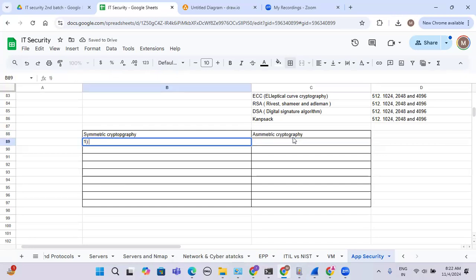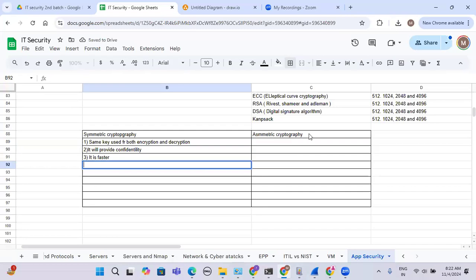What is the first point we discussed? The same key is used for both encryption and decryption. Second point, it provides confidentiality. Third point, it is faster because the same key is used for both encryption and decryption.